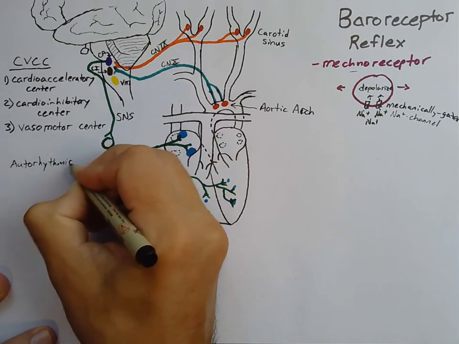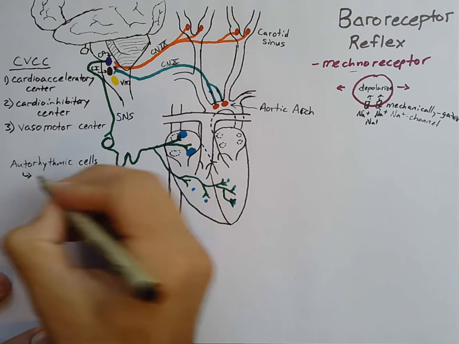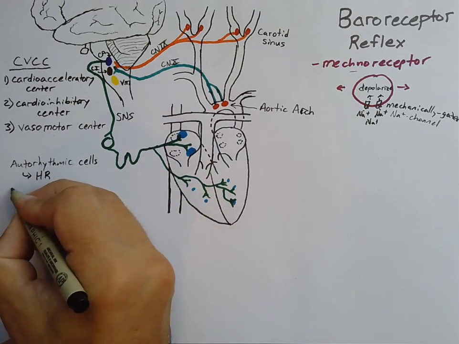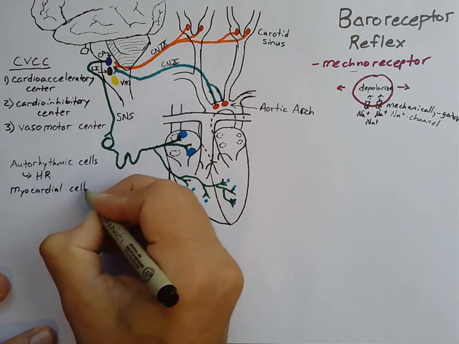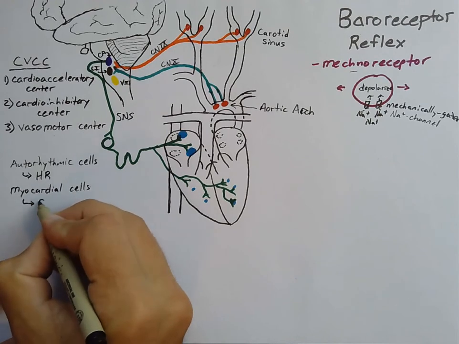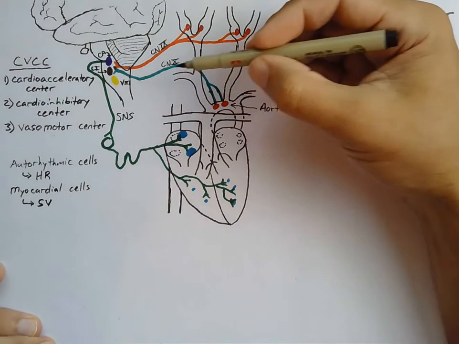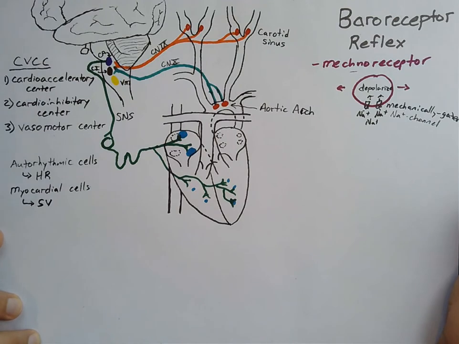If you've seen my previous videos, you should already know this: the autorhythmic cells control the heart rate, versus the myocardial cells, which control the strength at which the heart beats, and that's controlling the stroke volume. Cool. So the sympathetic nervous system can increase the heart rate and it can change the strength of the stroke volume. How does it do that? We're going to come back to that in just a second.